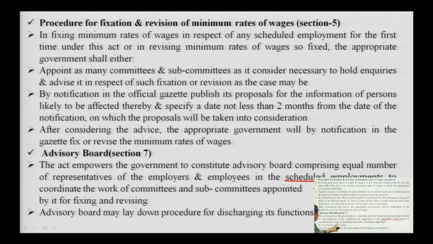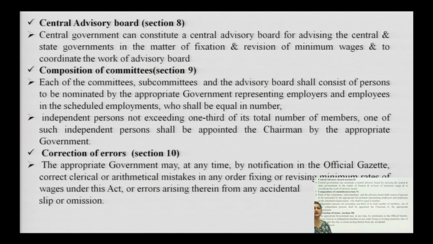These are the committees and subcommittees which we have studied previously in the procedure, appointed to fix and revise the minimum rates of wages. The advisory board may lay down its procedure for discharging its functions.